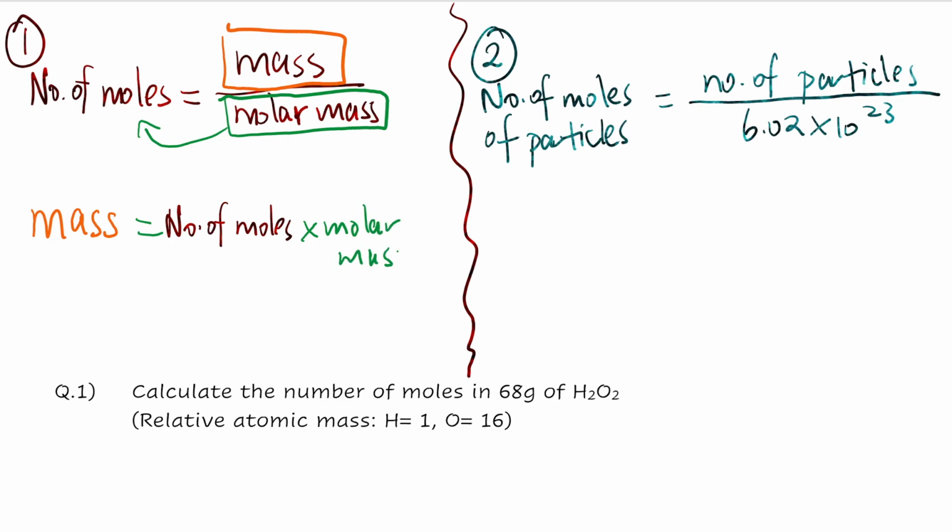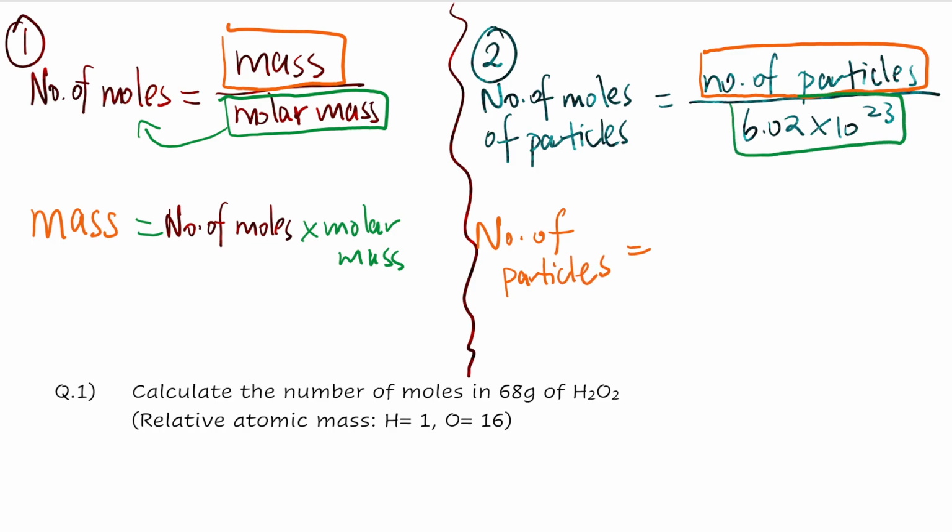Okay, so it will be better if you know how to move these expressions around, because later on it'll be easier for you to do the upcoming questions. And I'm going to do the same thing here. If I'm going to make the number of particles the subject, I'm going to bring it down here, the number of particles would be equal to the same thing here.